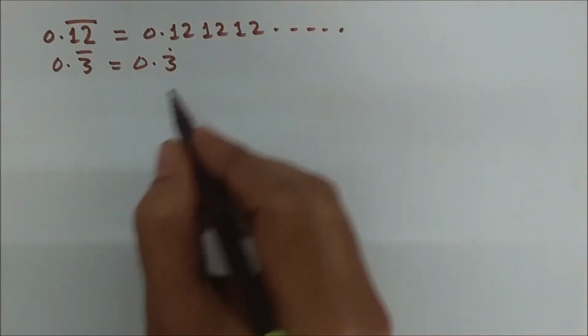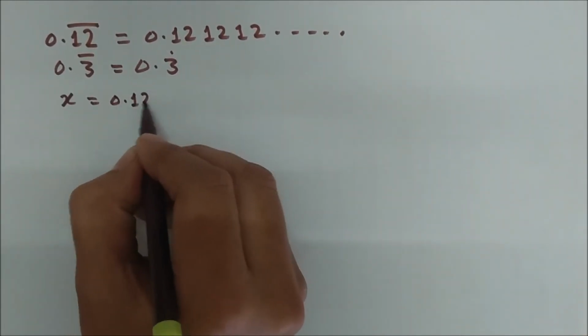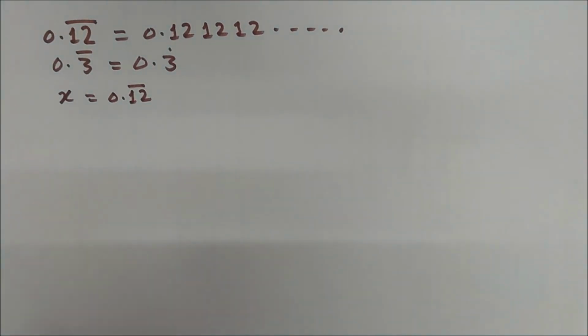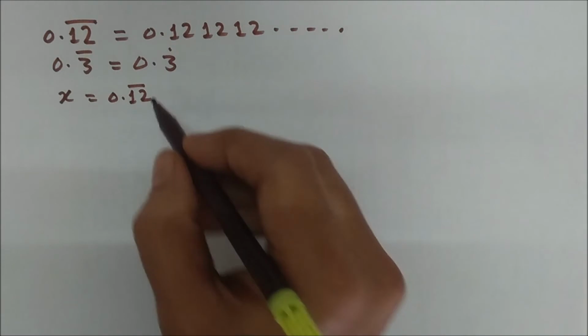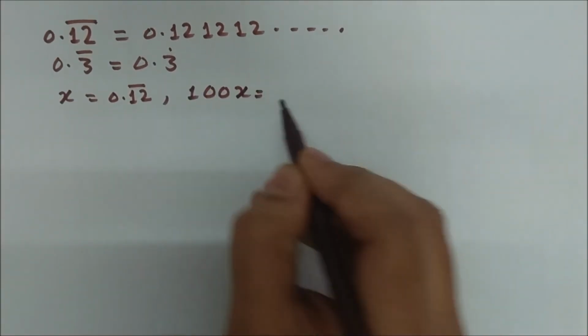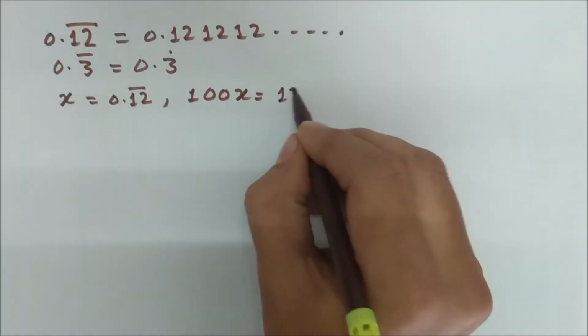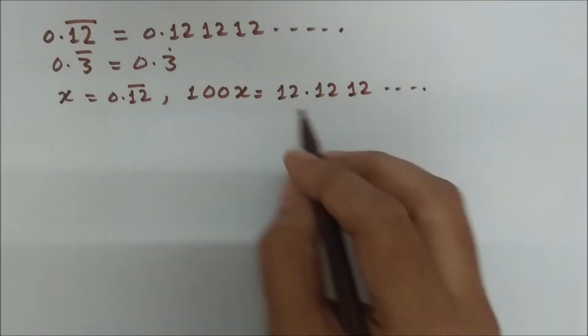So anyway, again we assume x is equal to 0.12 complete bar. And since there are two numbers after the point, we multiply it by 100. So we get 100x is equal to 12.1212 and so on.